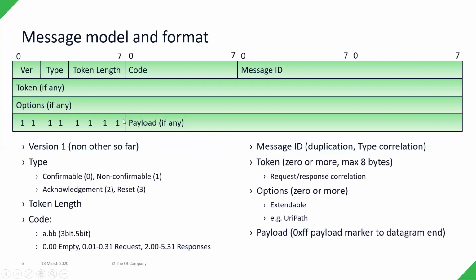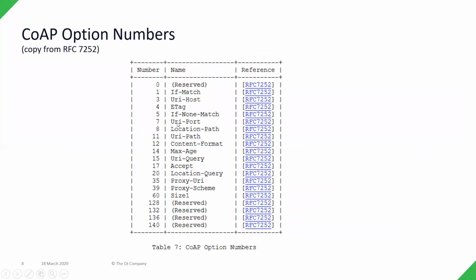And then there's the big options field, and this is essentially where a lot of the extendability of CoAP comes from. It has very simple things like, for instance, URIs that you can define. You can define content paths, location paths, etc. I would encourage you to just read it up in the spec.